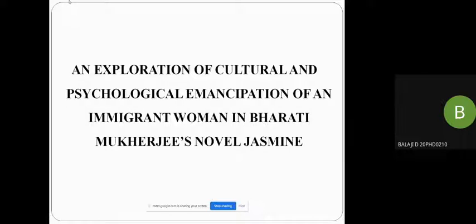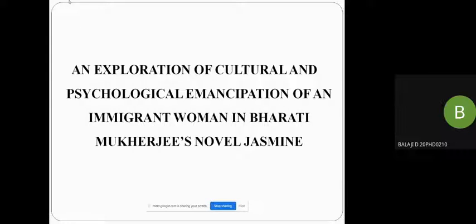Overall, in the novel, as Mukherjee argues in Beyond Multiculturalism, immigration is a process of gain as opposed to those who experience a loss while transitioning to a new culture.